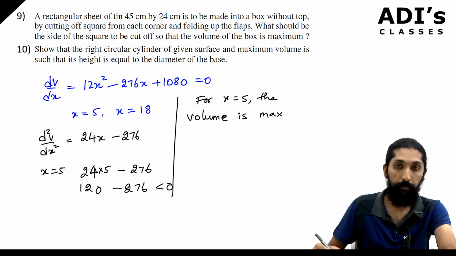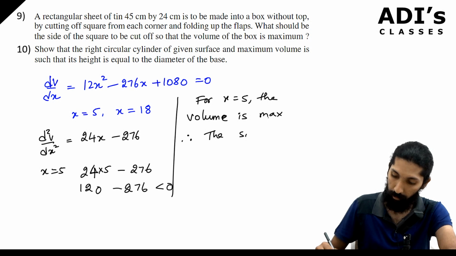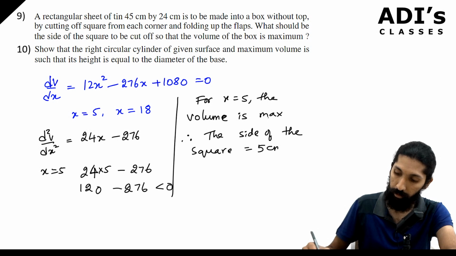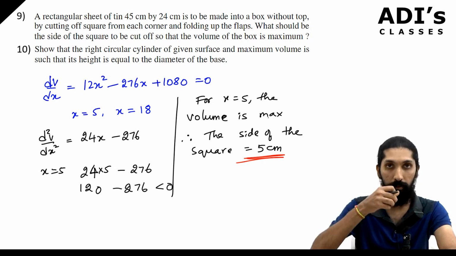Therefore, the side of the square is 5 centimeter. So this is going to be the final answer.